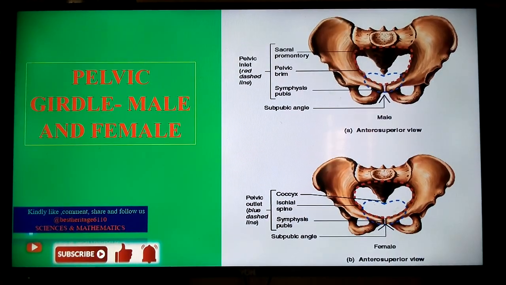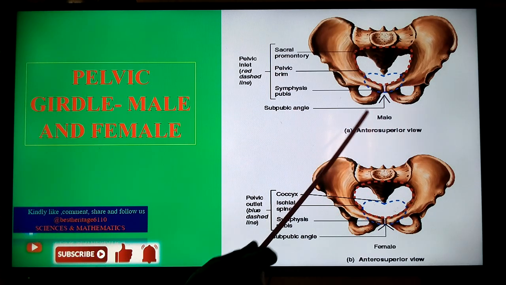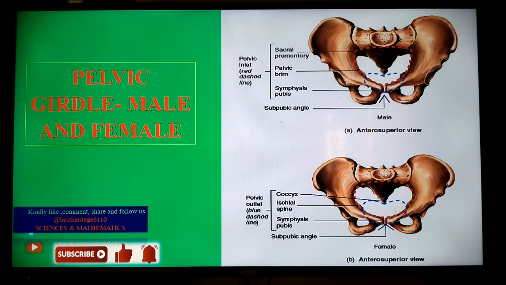So the above sections show the anterior view of the pelvic girdle, which has been given for both the male and the female. And we have just given a minimal description for these various labels here, which are going to assist us to contrast between the male and the female parts of this pelvic girdle.